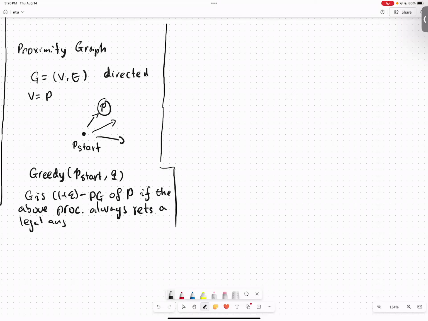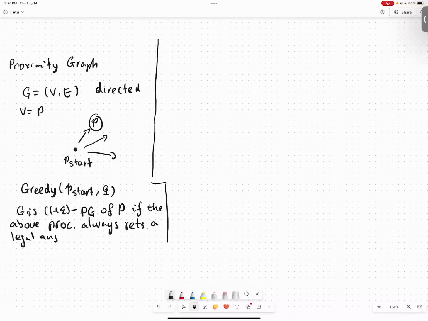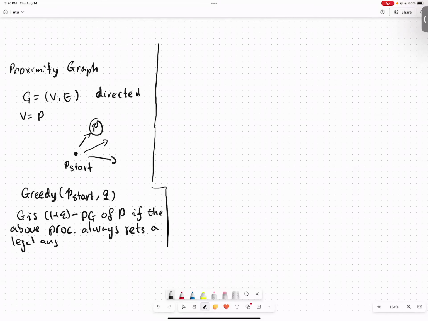So ideally, we would like to have something that we can check, or try to prove that this graph indeed has this property, and this property is an if and only if property of being really a proximity graph. So next, I'm going to give you such a property. This is going to be a very important property. If you want to check whether a graph is a proximity graph, this is what you rely on.